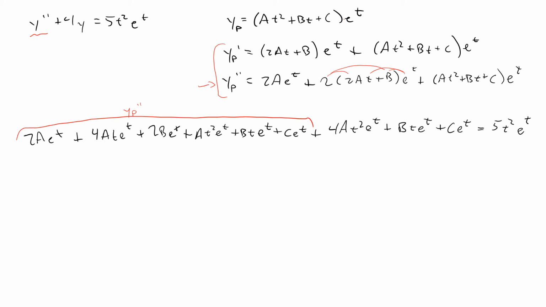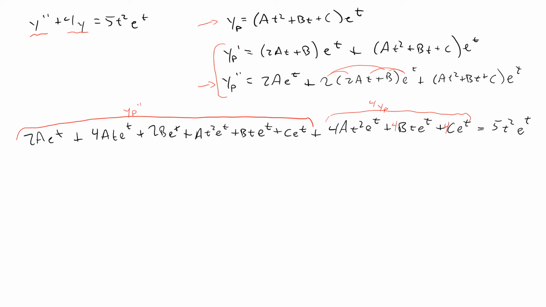This whole chunk here is my 4 times y, which in this case is 4 times this function y sub p. This is 4 times y sub p. Oh, and now that I look at that, I forgot to distribute the 4 to these other two pieces.